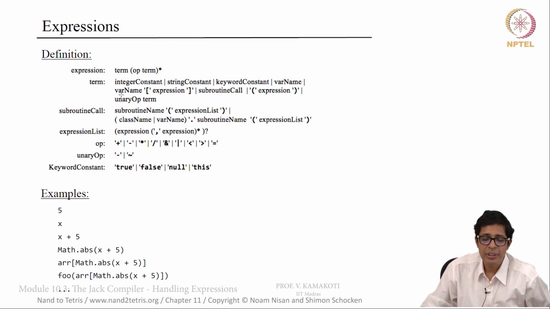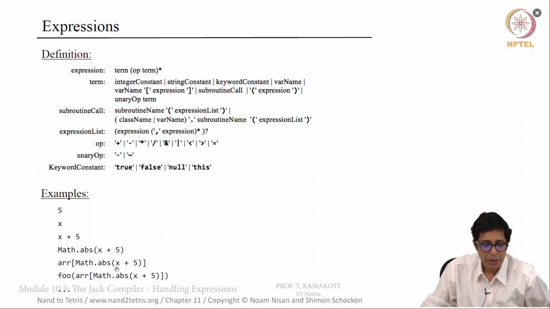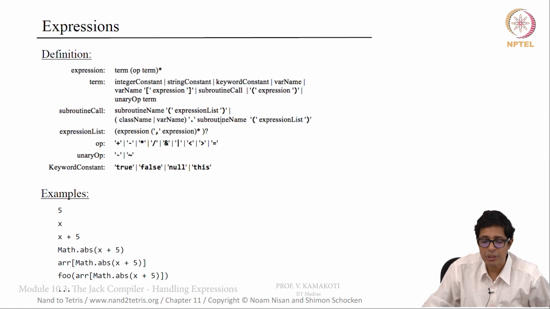Now, another term would be var name ARR, followed by square brackets, and within them I could have an expression. What is that expression? The expression can be a term, and a term can in addition be a subroutine call, and a subroutine call can derive to class name dot subroutine name, Math dot abs of x plus 5.